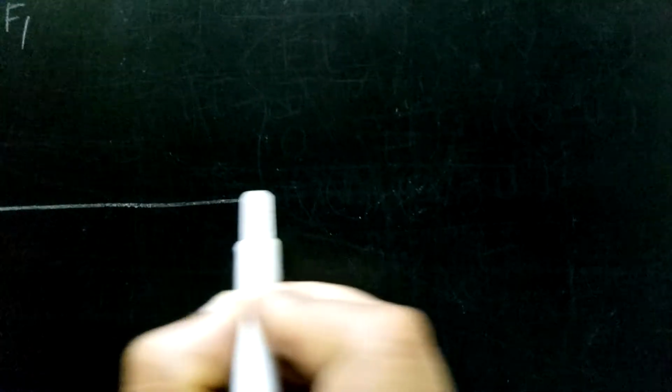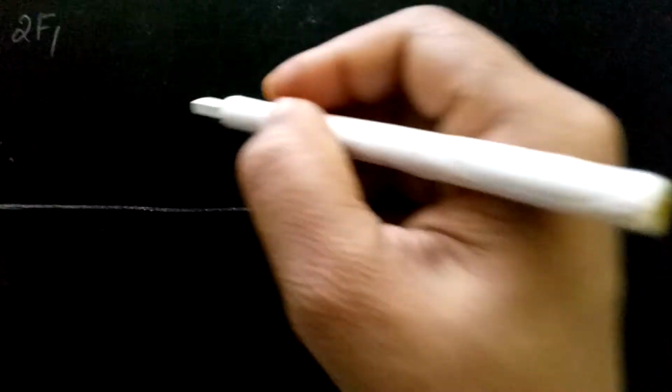Now the third position is at 2F1. Here also you have to take the correct measurement because the object is at 2F1. So draw a straight line which will act as a principal axis.